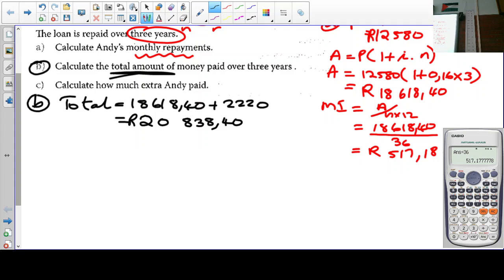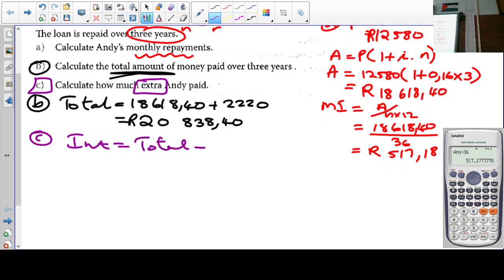Any confusion here, people? Alright. Let's look at question C. Calculate how much extra Andy paid. Another word for this extra could have been, how much interest did Andy pay? That extra is also your interest amount. So how are you going to calculate the extra or the interest amount? The total amount we paid minus what?